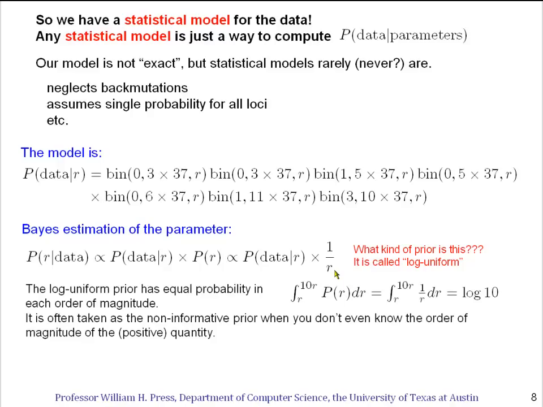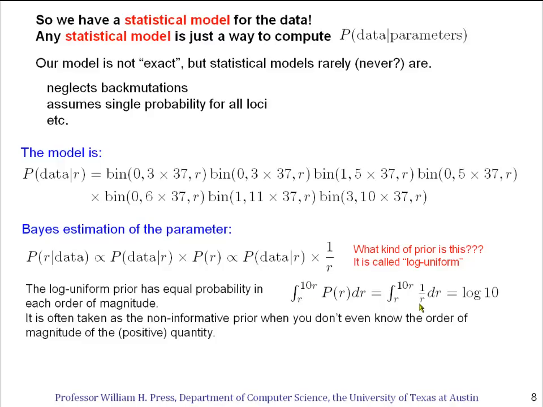And 1 over R is called the log uniform prior because if you integrate it up over an order of magnitude, over a certain distance in the log, so for example, from a value R to a value 10R, that would be 1 order of magnitude, base 10.